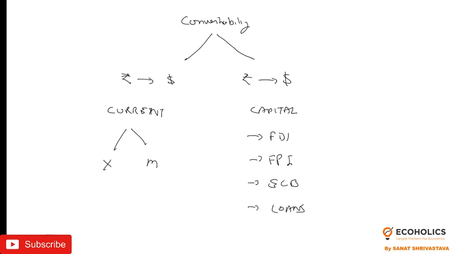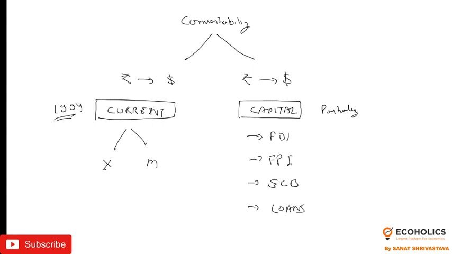Currently India has full current account convertibility, started in 1994 on the recommendation of the Tarapore Committee. Under capital account convertibility, it is only partially allowed. It means there is a limit that a particular person or institution can take dollars out of India. So there is a limit.